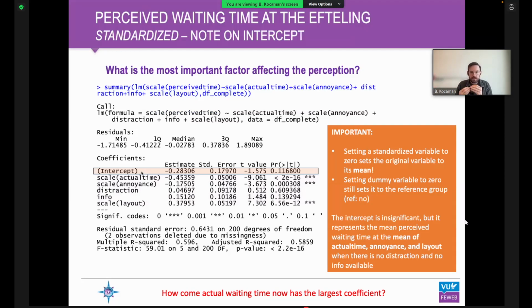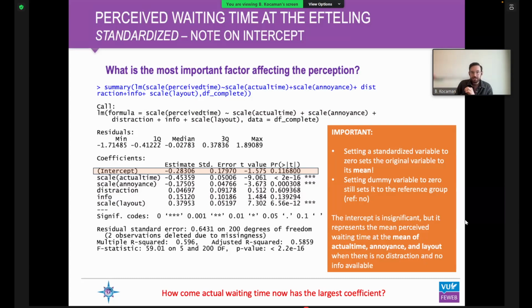But when you have a standardized regression, because you map this 0 to the original variable mean, when it's 0, you actually take out the mean of these variables, if you remember the standardization we just saw, right? So x minus mean over standard deviation.